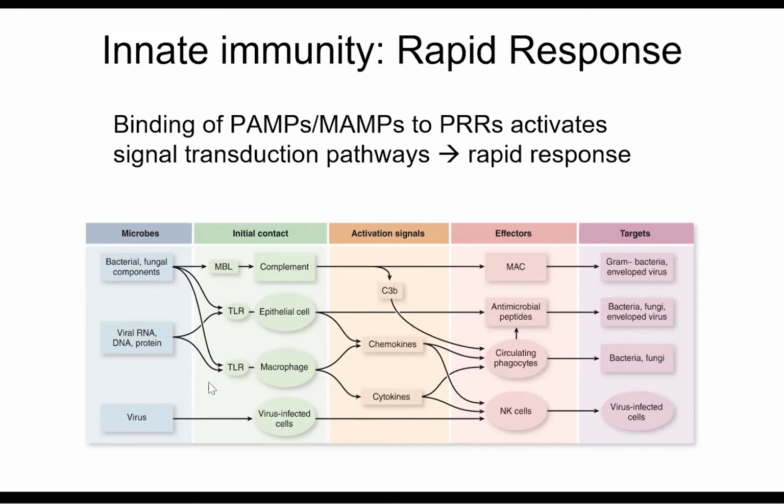Another thing that can take place, of course, is that when a virus infects a cell, that cell presents different structures on its exterior due to the viral infection. And that can be directly detected by the natural killer cells. Then they can destroy the virus-infected cells in the process that we just talked about, using perforin and granzyme.